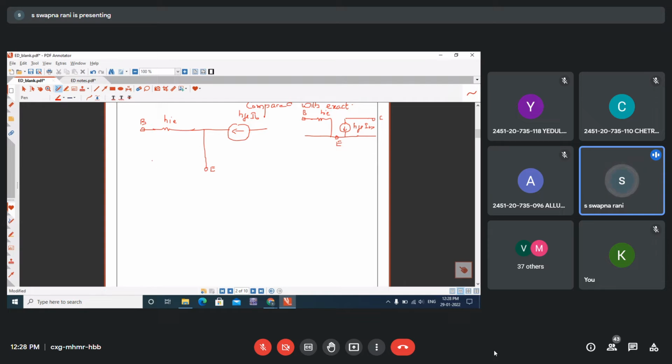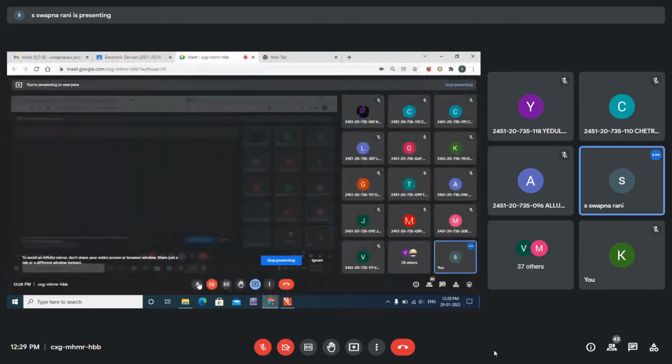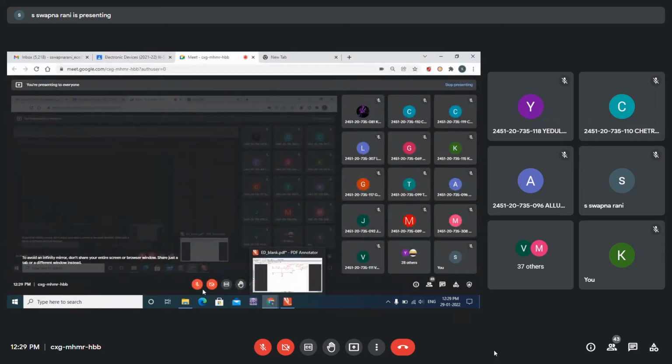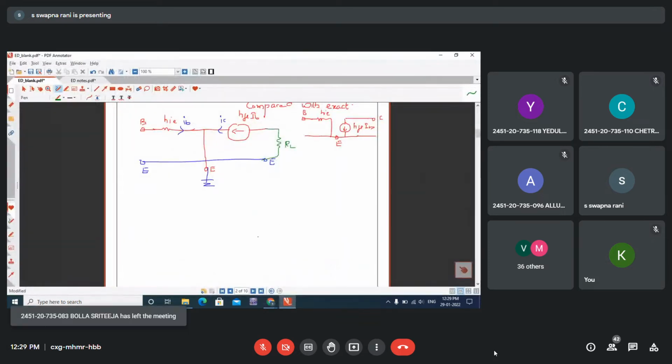So common emitter, anyhow common emitter we are trying to analyze. Emitter already it is down, so I am making this emitter ground. This is emitter, this is also emitter. IB, IC, I connect the load, and here source.